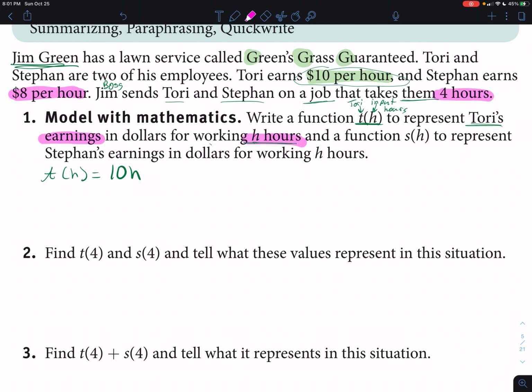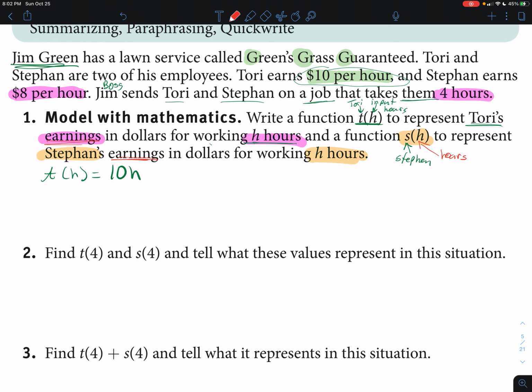And then it also says to write a function, s of h, to represent Stefan's earnings for working h hours. So we still have s for Stefan here. And then the input variable is h for hours. So we input the hours, and the output should be their earnings in dollars.